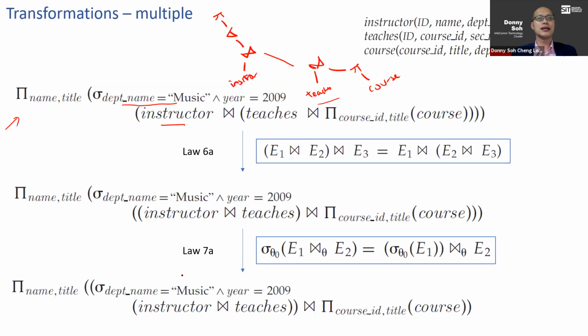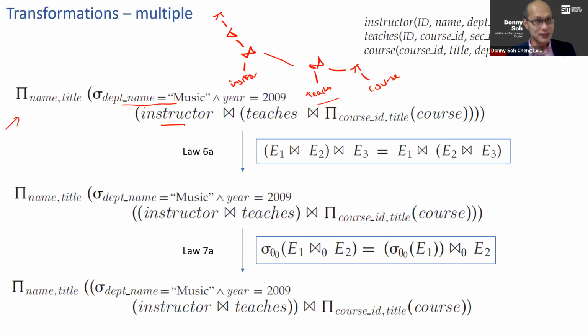So what we can do is try to see whether we are able to push this table slightly higher up or not, so that we will be able to easily push our selection operator inside.